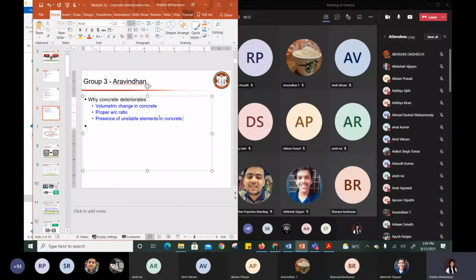When we discussed corrosion, we talked about the pH level in the concrete that helps to protect the steel, and when that drops, the passivation layer gets destroyed, and that leads to corrosion initiation. So like that, what do you think would lead to deterioration when we talk about concrete?